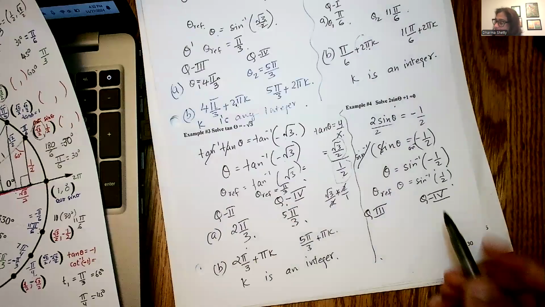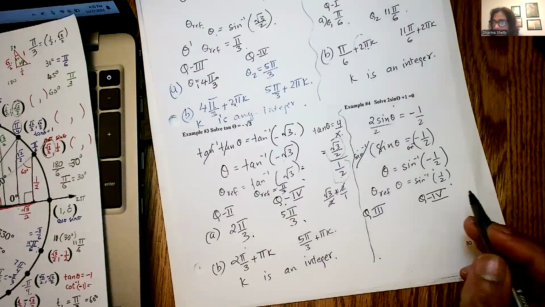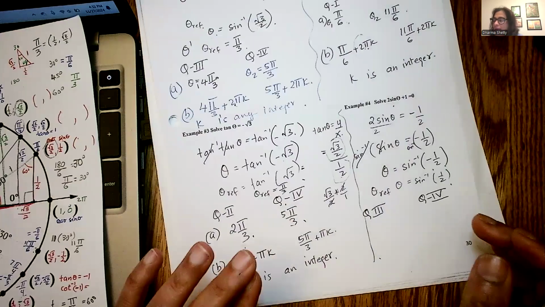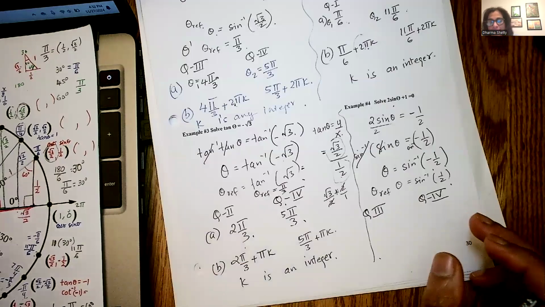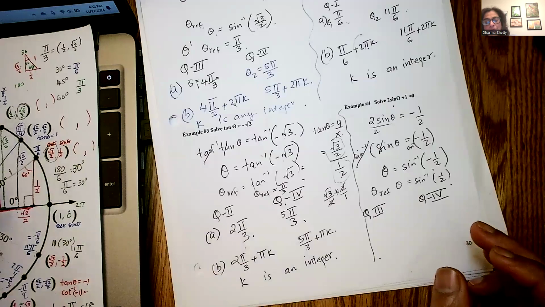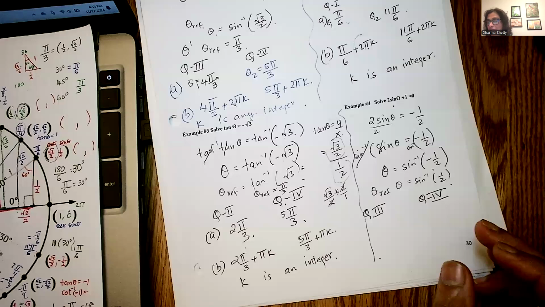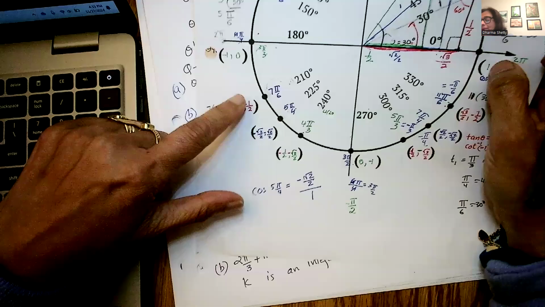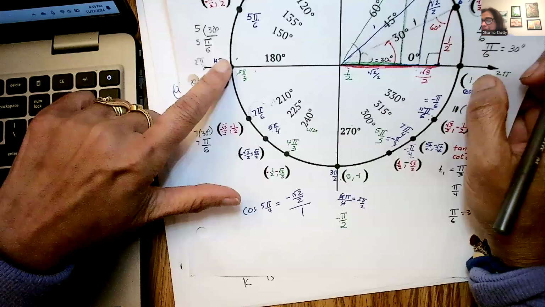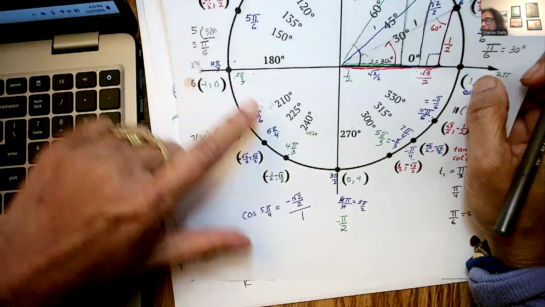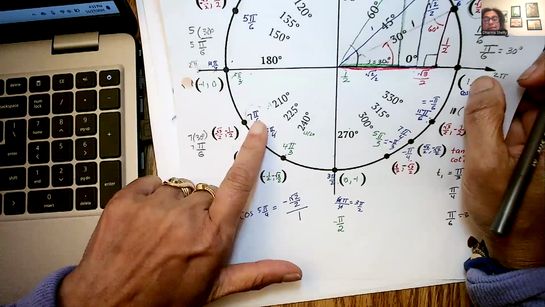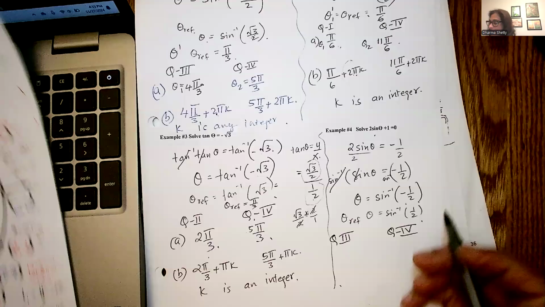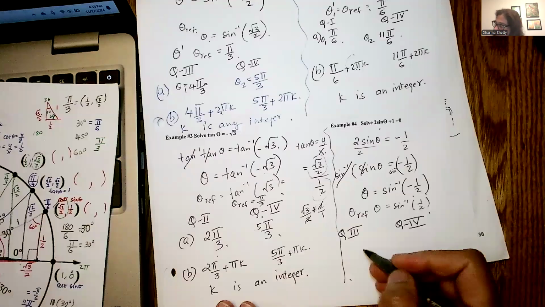In the case when we are using the reference angle for an angle that is not on the unit circle, we need to do certain calculations. But here we know that if pi 6 is the reference angle, then the angle is 7 pi 6 because we already see it as a multiple. Okay. So let's look at this.